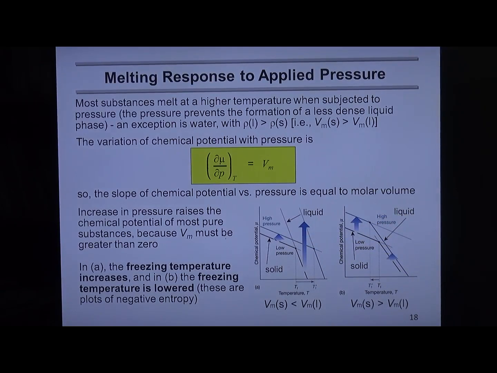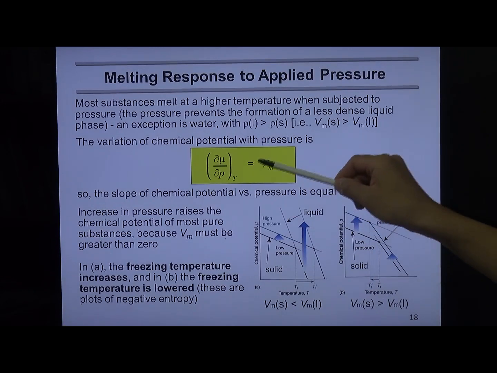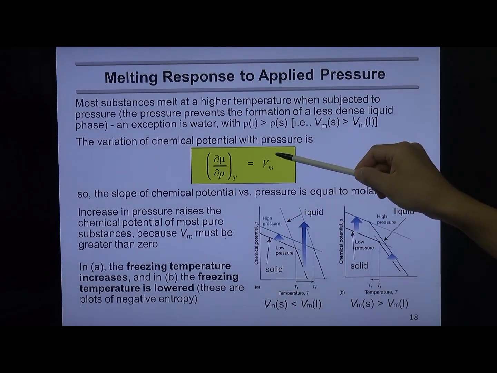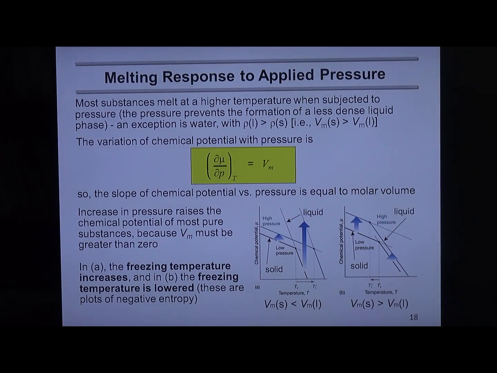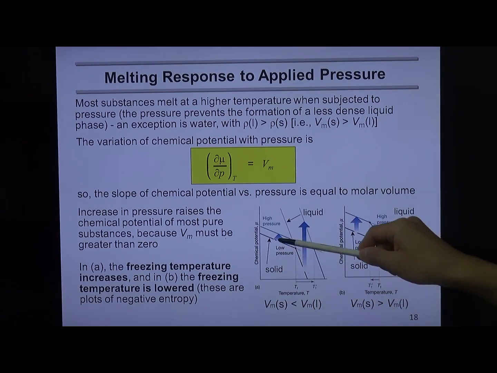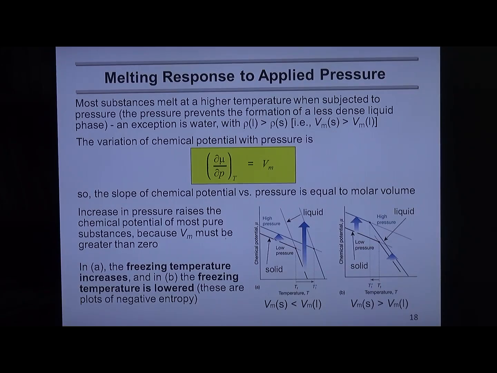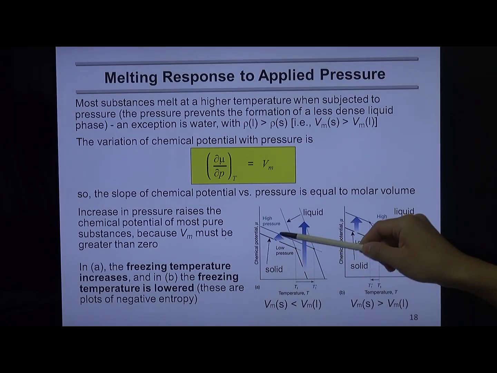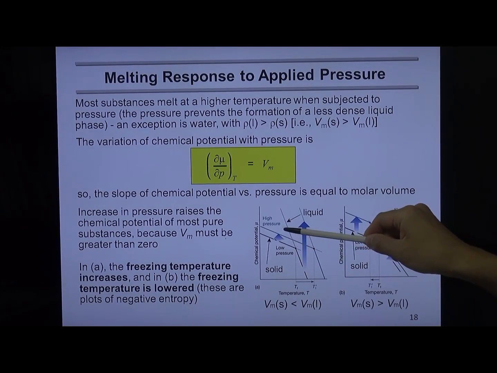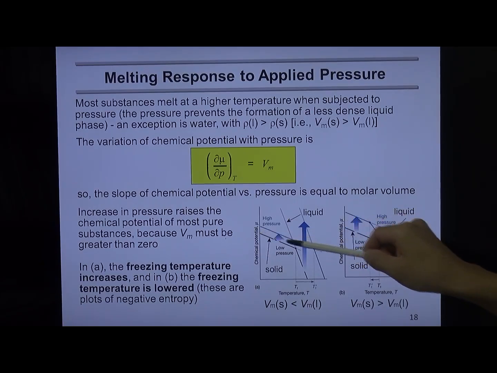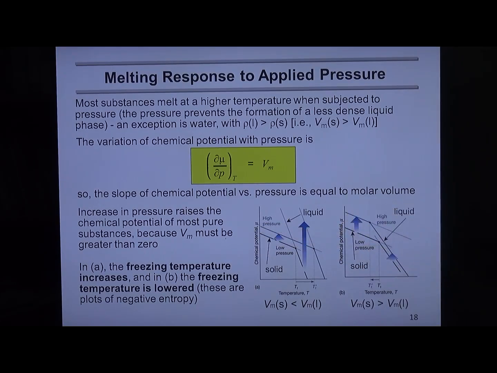How much? This much, the molar volume. If the molar volume of solid is smaller than the molar volume of liquid, the increase in chemical potential upon applied pressure for solid is a small amount, from these black lines to green lines, right?